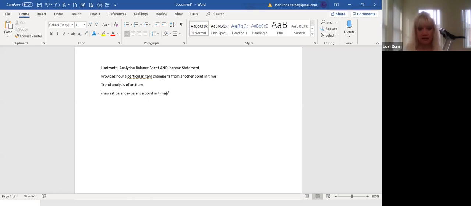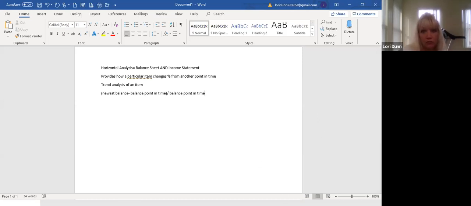Then you divide that difference by the balance of the item at that point in time. So we're always comparing the newest to some old point in time, and that will calculate how that item changed percentage-wise from that point in time to the present. So that's what we're accomplishing here.